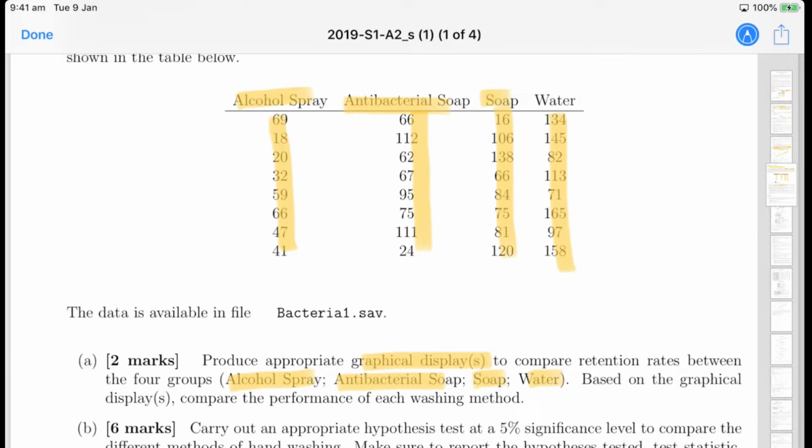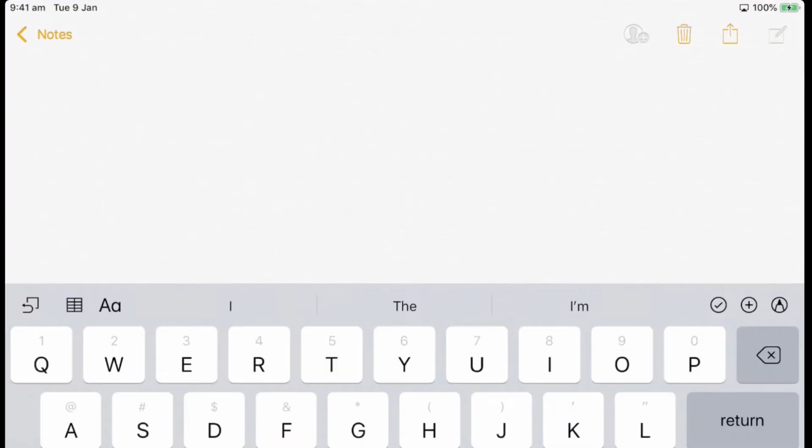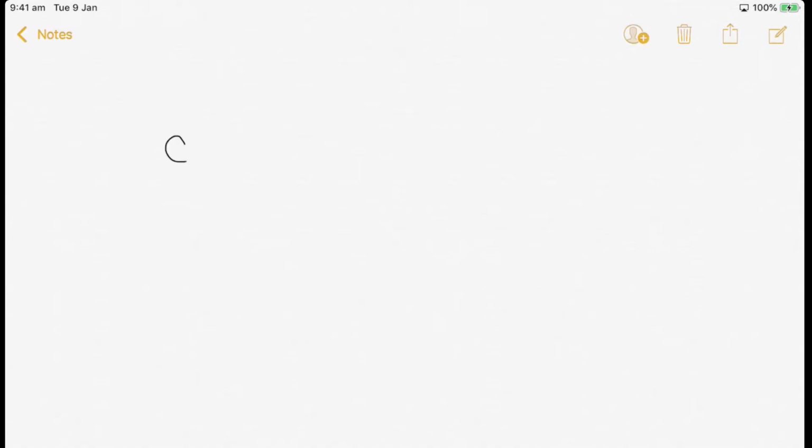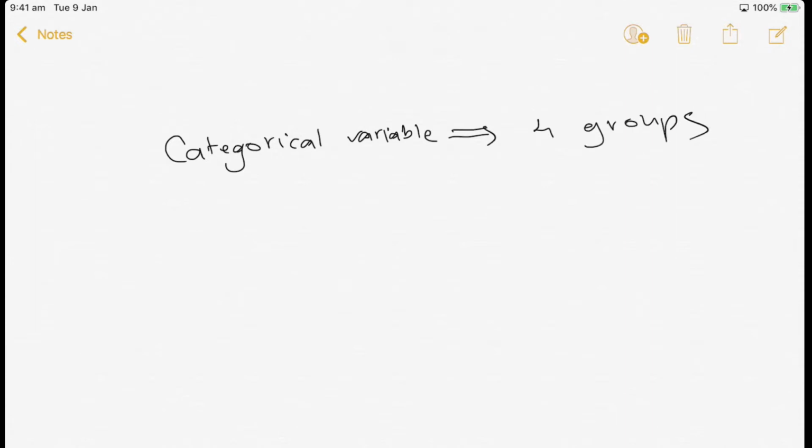So, what do we need? What is the appropriate graphical display? Here we've got 4 different groups, right? Because these groups are categorical, we've got a categorical variable, those 4 groups, and a numerical variable.